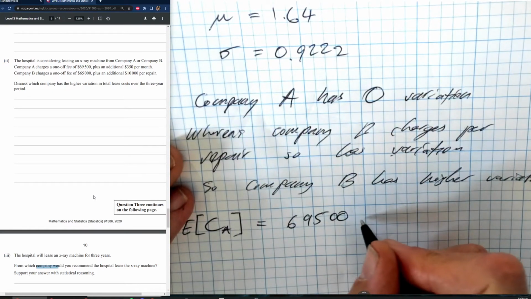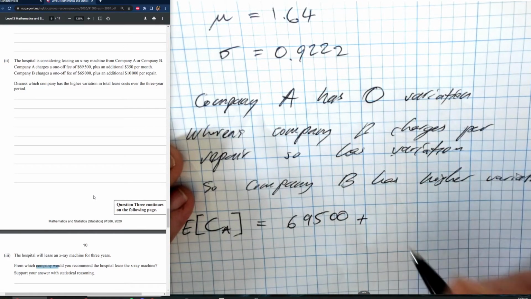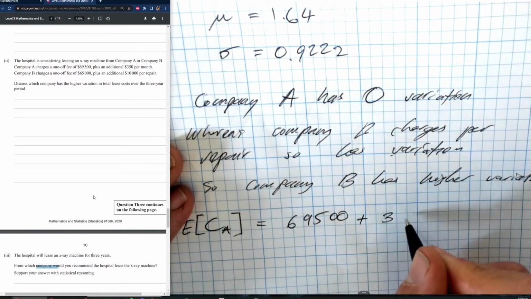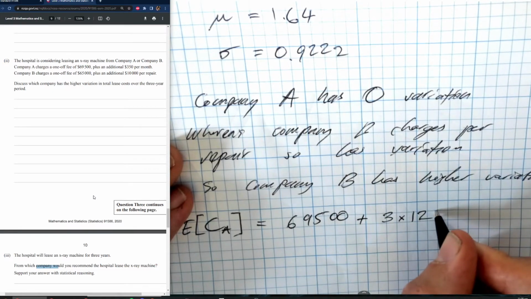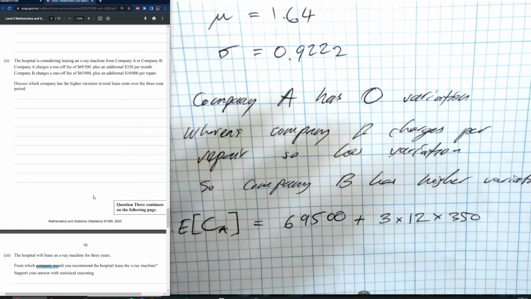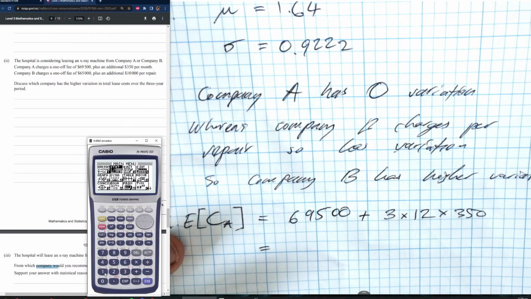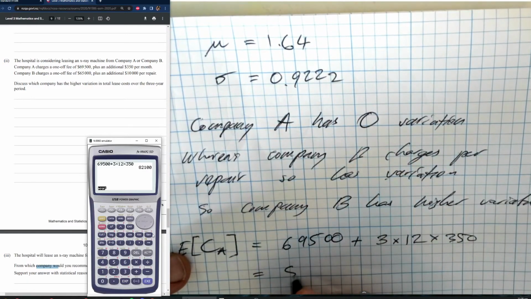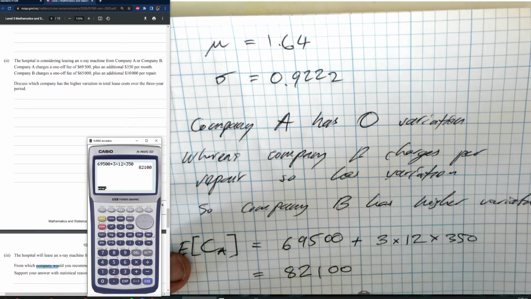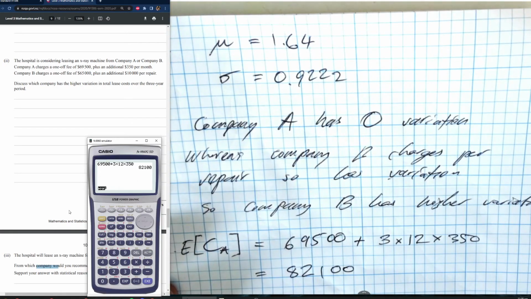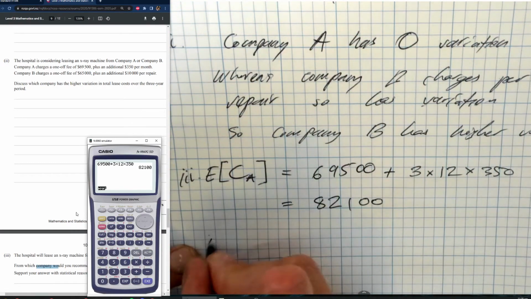Plus, they're doing it for 3 years, so plus 3 years times 12 months times 350. That's easy. $69,500 plus 3 times 12 times 350. So that X-ray machine is going to cost them $82,100 for lease.